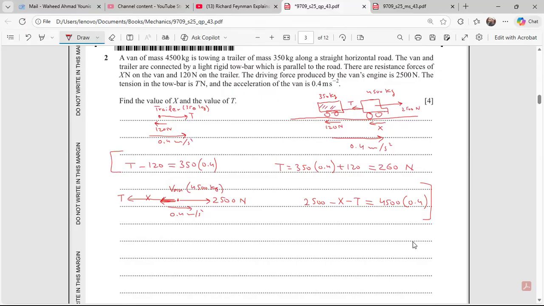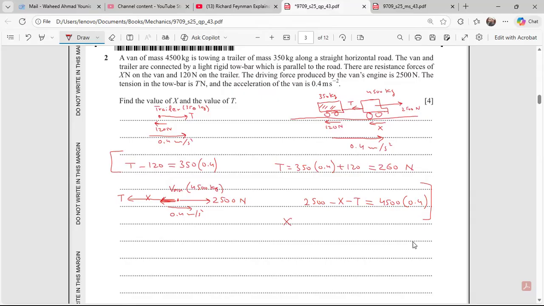So we have to consider that force as well. That force is T. So the net force on this van is the force of engine minus this resistive force and minus this tension. And this whole thing is equal to mass and acceleration. If you understand the logic of these equations, then everything is very easy.